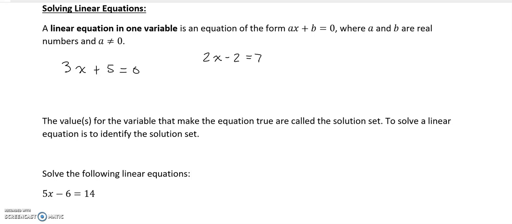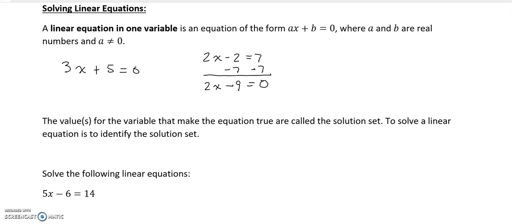It doesn't look the same, but if I use the subtraction property of equality and I subtract 7 from both sides, 7 minus 7 on the right gives us a 0, and the 2x is not affected by the minus 7, but negative 2 minus 7 gives us a negative 9. And so it can be rearranged to look exactly like the form ax plus b equals 0.